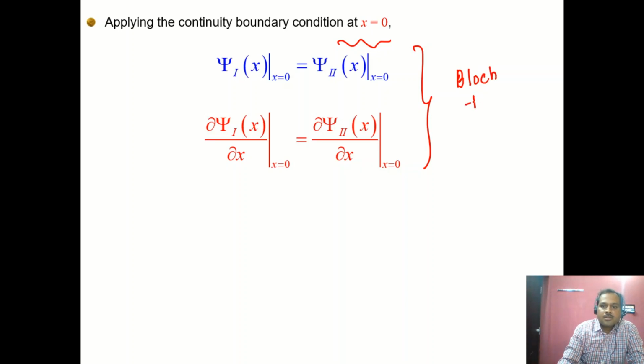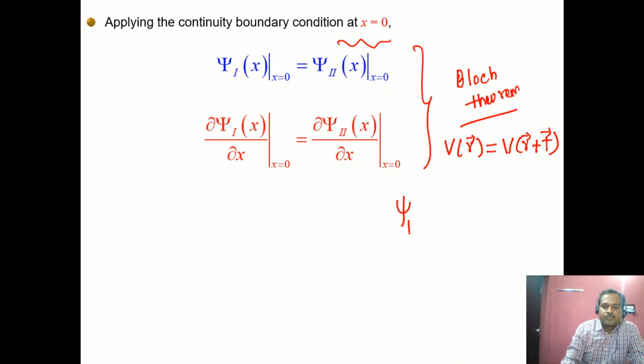If you recollect, if we are having a periodic potential, that is V(r) equal to V(r plus T), then by applying Bloch's theorem, we had seen that psi k of r plus T can be written as e to the power i k dot T psi k of r.